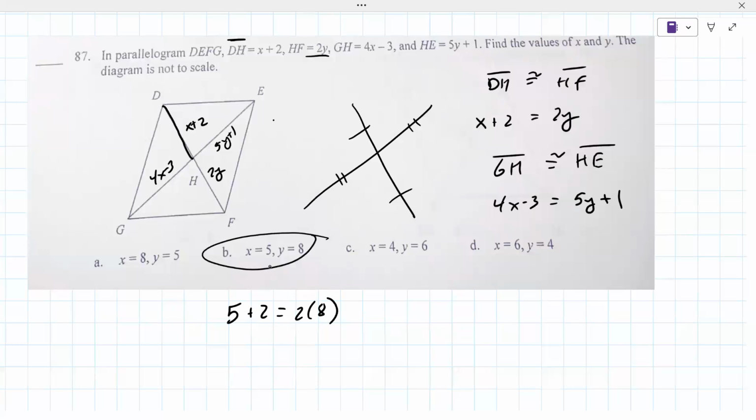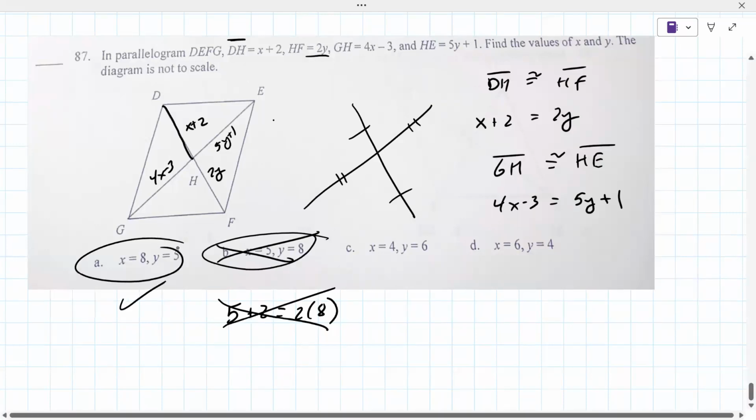Oh, yeah. Okay, so it's not B. Would it be A then? It looks like it's A, yes. All right, so that is everything you sent over.